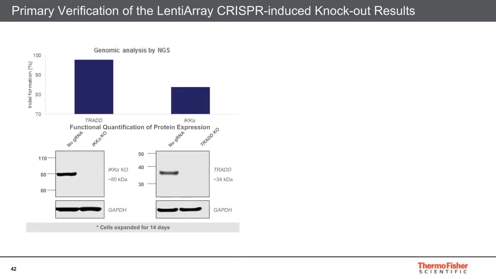The indel formation was determined by NGS assay, and you can see it's very highly efficient indel formation, more than 80% in both cases. And when we looked at the protein level, as shown in the lower plot, you do see good knockout of both proteins.